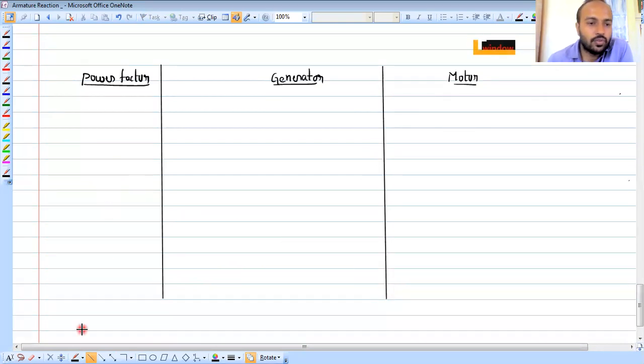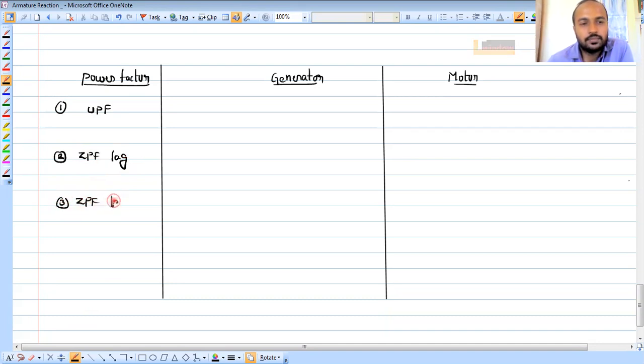Okay, let us try to write here for different power factors. First one, unity power factor, and second one, ZPF lagging, and third one, ZPF leading, and fourth one, 0.8 lagging, and fifth one, 0.8 leading.